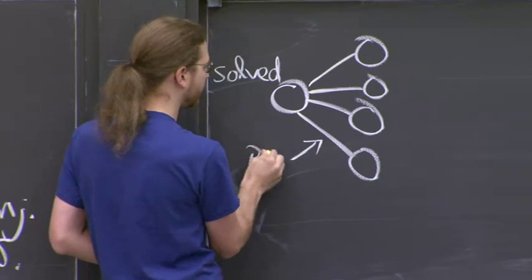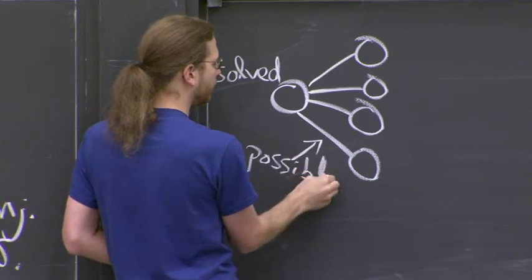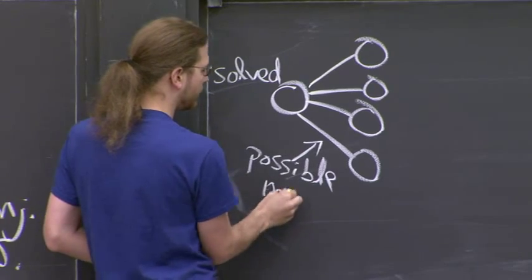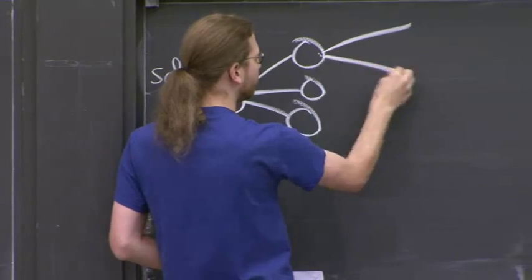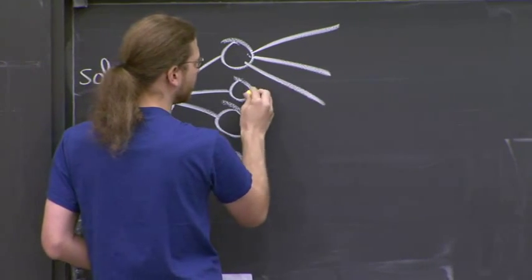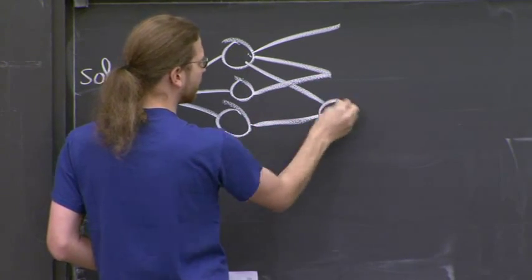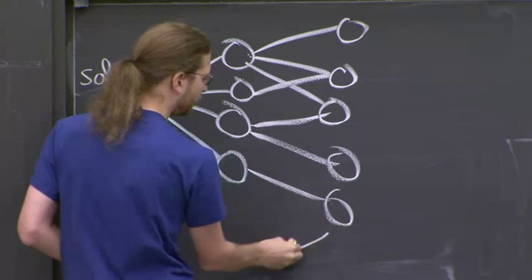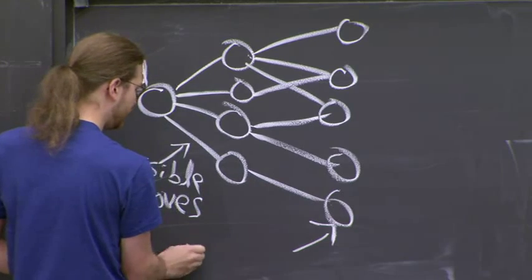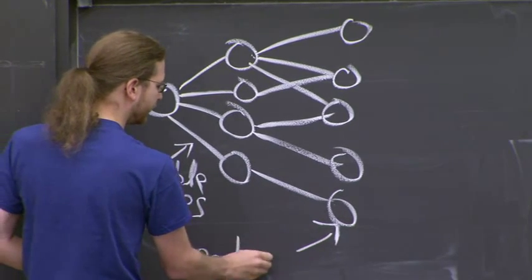So these are the possible moves from solved state. And then from those configurations, there's more places you can go. Maybe there's multiple ways to get to the same node. OK, but these would be all of the configurations you can reach in 2 moves.